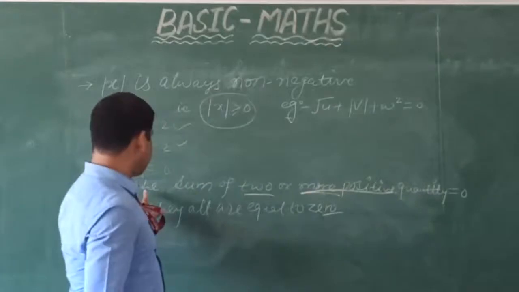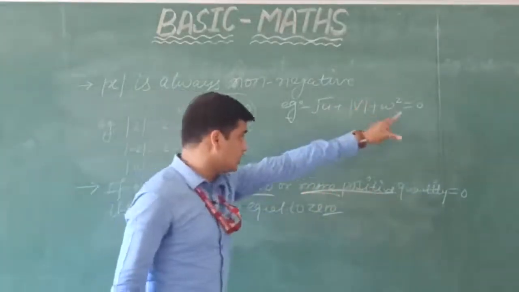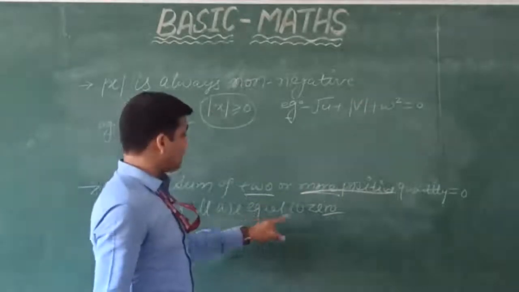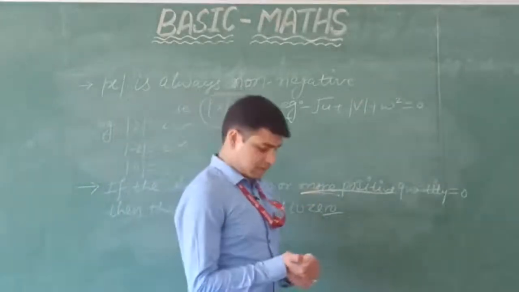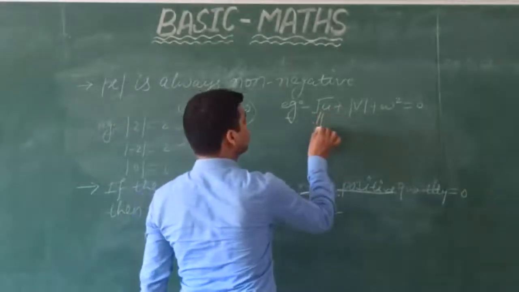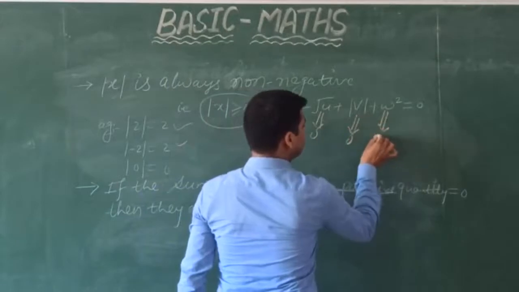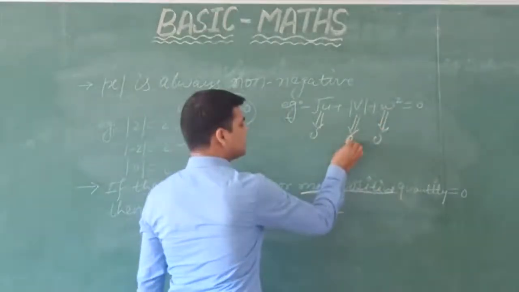So what is the statement? If the sum of 2 or more positive quantities equals 0, then they all are equal to 0. So when is it possible? It is possible when this value takes 0, this value takes 0, and this value takes 0. 0 plus 0 plus 0.